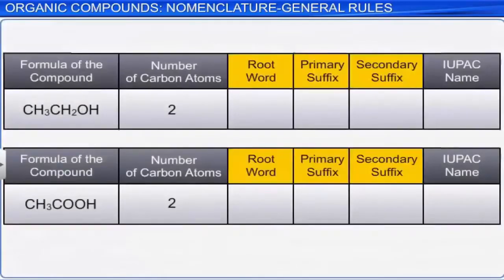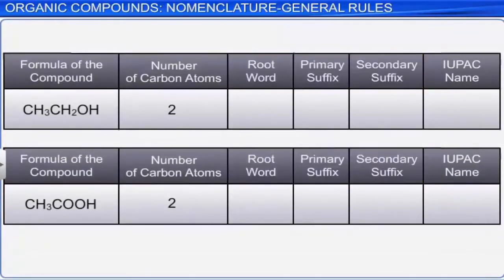Thus, the 3 components can be combined to form part of the compound name. For example, the root word eth, primary suffix ane, and secondary suffix ol all together form the IUPAC name ethanol.